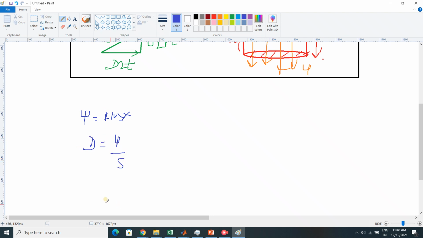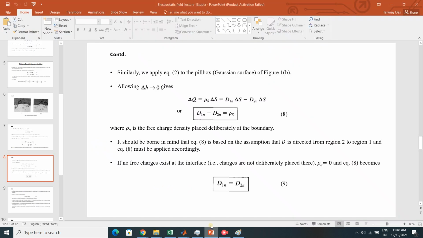Now flux density means flux per area. Since flux equals the charge itself, flux density is nothing but the surface charge density.